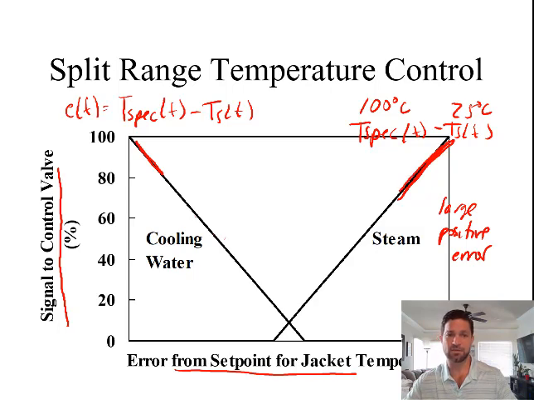As the system heats up, the error between the system and the set point is going to decrease, and as the error between the set point and the sensed value decreases, the amount of steam needed is going to decrease, so the valve position on the steam is going to close. And then at some point, we're going to no longer need to heat the system, so the steam valve will close.